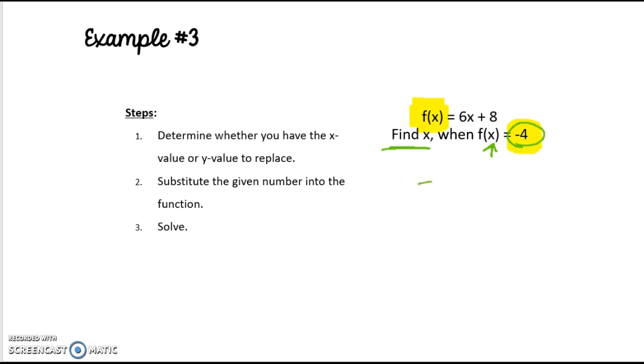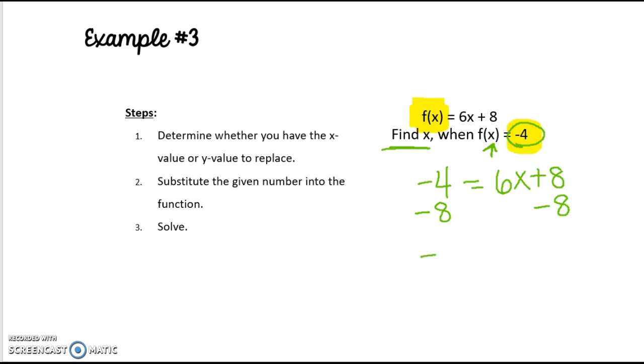So this one's a little bit backwards. So I'm going to plug -4 in for f of x, and I'm solving for x. So now I can follow those steps, that order of operations, and solve.